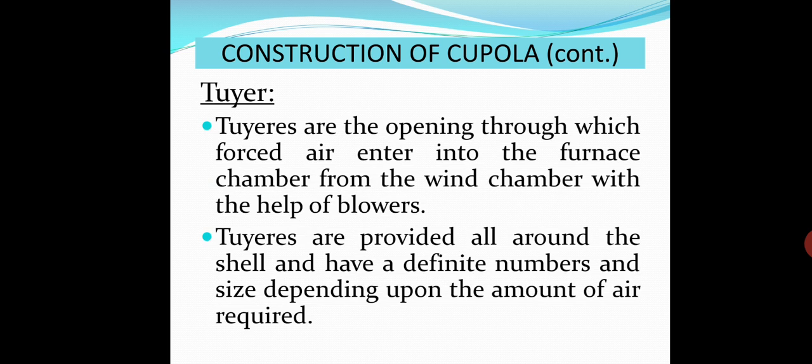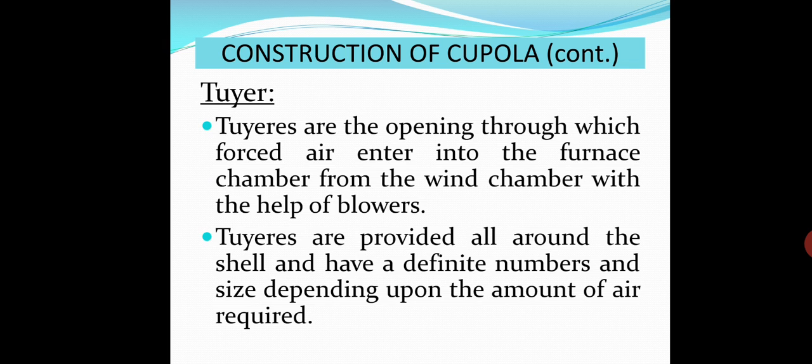So from this blower, the air enters the furnace with the help of tuyers. Tuyers are nothing but openings in the shell of the furnace. These openings help the air to enter the chamber of the furnace.